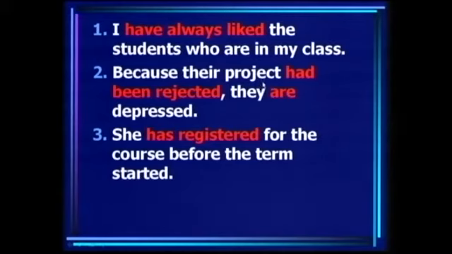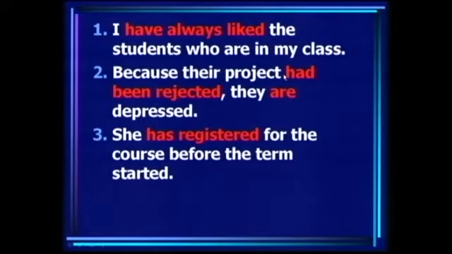Because their project المشروع بتاعهم had been rejected they are depressed. Because their project had been rejected هو اترفض فعلا they are depressed. بصوا هنا ممكن اقول الجملة دي صح لان they are still depressed لكن ممكن برضه اقول they were depressed. طيب الاثنين صح وده اللي بقول لكم ان دايما يعني you have to think about meanings.